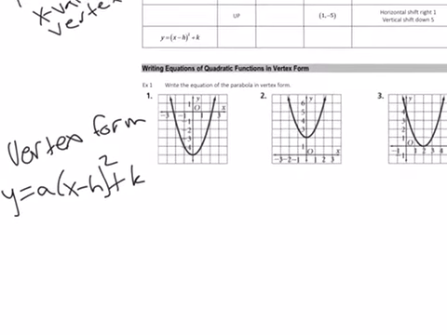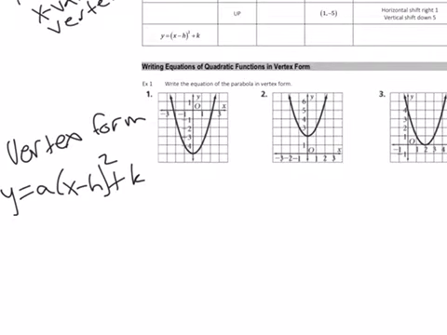All right, so let's try to write the equation of each parabola in vertex form. Well, if I'm looking at this first one, remember this is all in comparison to that parent graph y equals x squared. I'm going to notice here that my vertex, it doesn't look like there is any side-to-side shift.